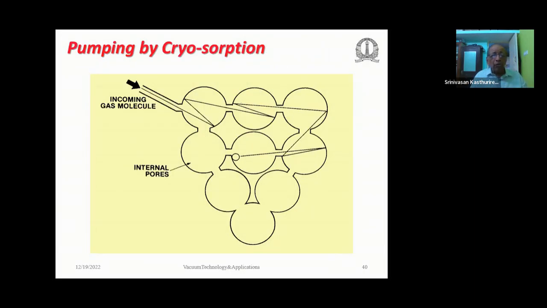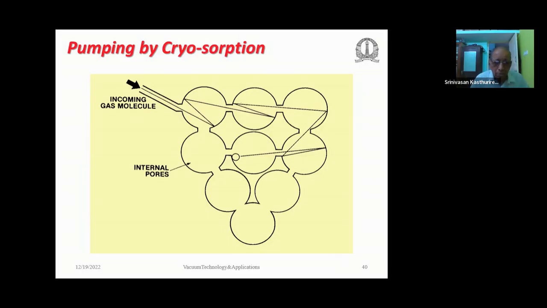We can also think of an alternate way of pumping gas molecules. This is by what is called cryosorption. That is by the process of adsorption of the gas molecules. How do we do this? We present a material which has a lot of porous surface. Suppose I have a material like activated carbon, or let us say silica gel, or zeolites.